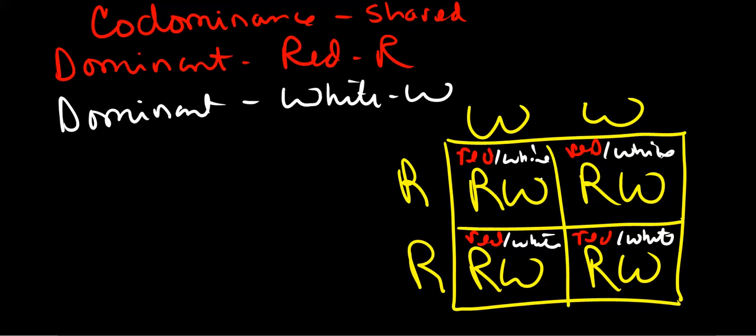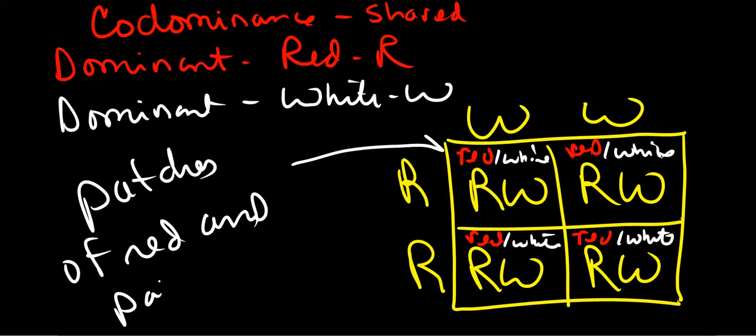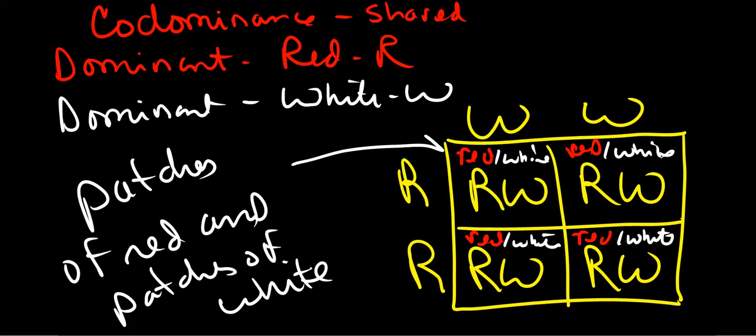So there would basically be patches of red and patches of white because they are codominant.